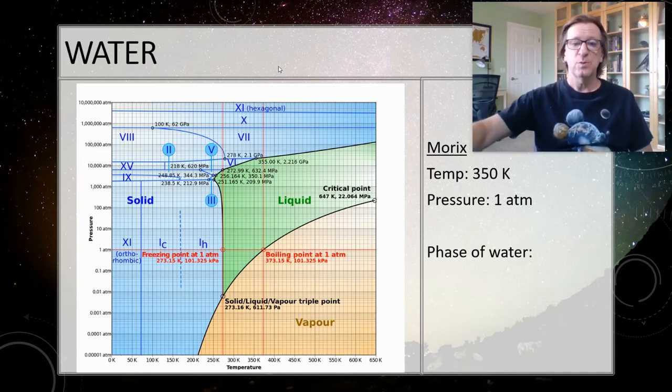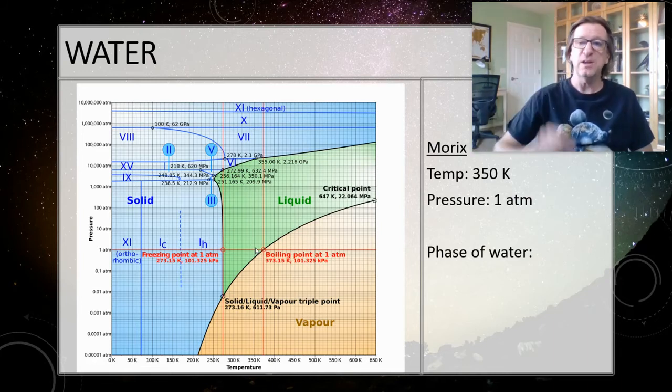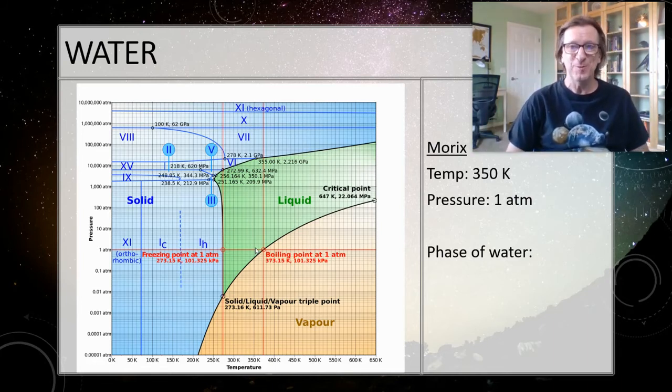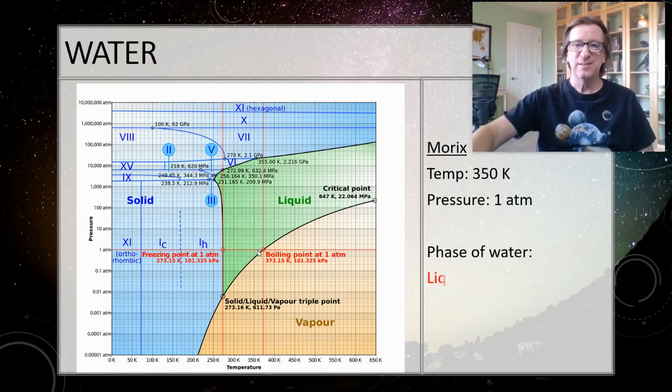All right, so the temperature is 350 degrees. That's right here. The pressure is 1 atmosphere, so I go up to here, and you see that I'm in the green. I've got liquid water. So if this were your world that you were hoping was habitable, and you end up in the green, you win. You have found your habitable world. So in this case, it's going to be liquid.